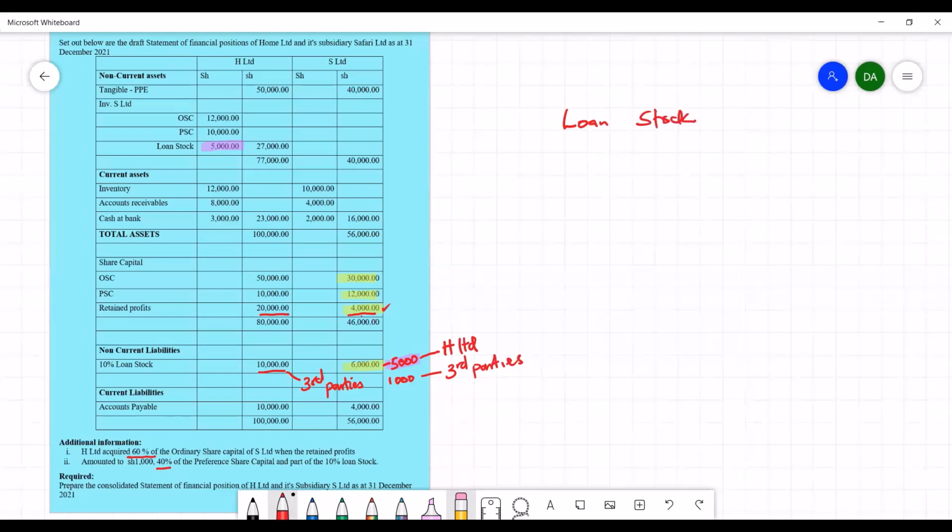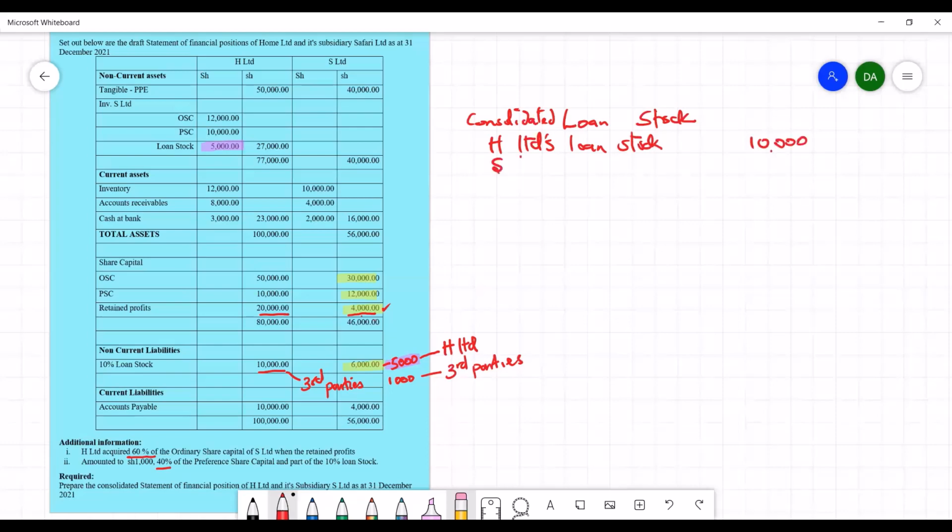Combined or consolidated loan stock will then be determined as H Limited's loan stock, which is equal to 10,000.